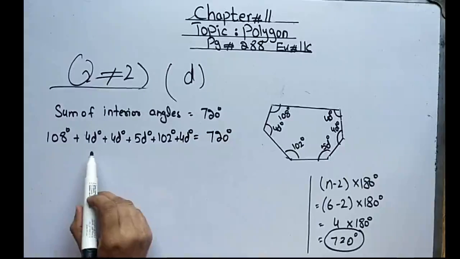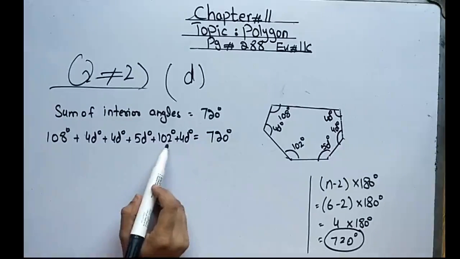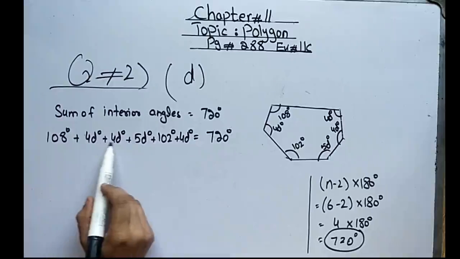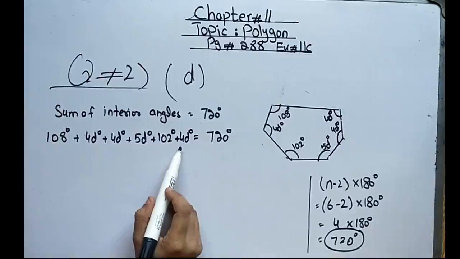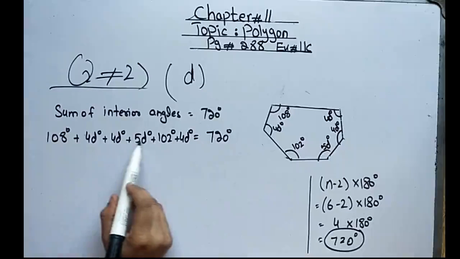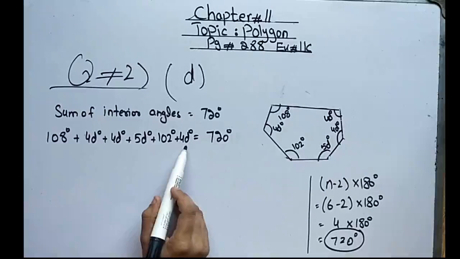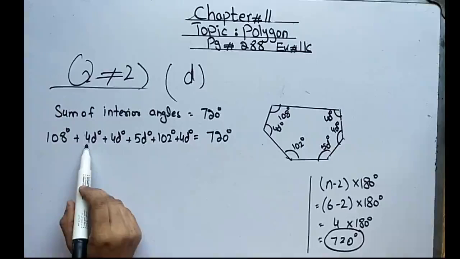So add the variable terms and the constant terms. 108 and 102 are the constant numbers and the rest are variables. So 4D, 4D, 5D, 4D. D is the same variable. And as we know, when variables are the same during addition and subtraction, we simply add the coefficients.